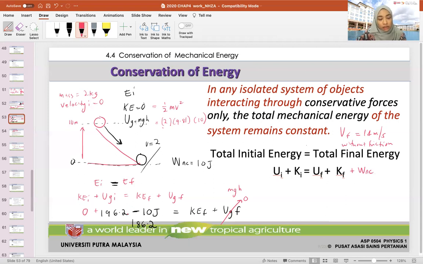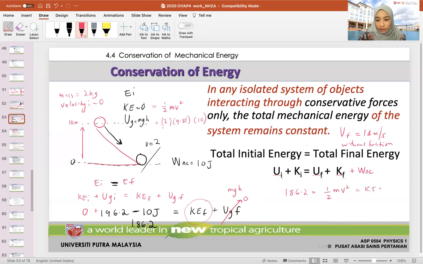So our energy dia lost to friction, right? So dia dikurang sikit. Dan kekurangan ini, this final value is going to be equal to 186.2. So 186.2 is 1 over 2 mv squared final. So this is what we're left with, KE final.